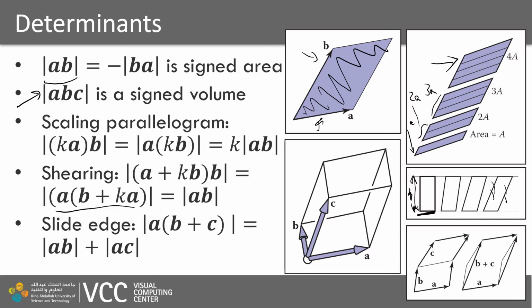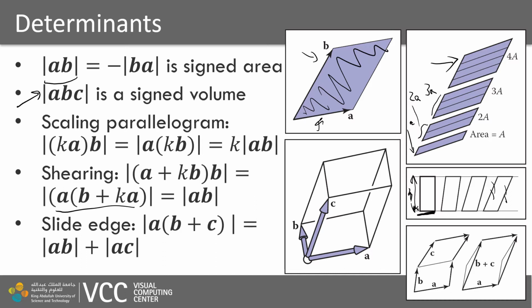Further, a distributive law is true: the determinant of A and a vector which comes as a result of vectors B and C is equal to the sum of the determinants of AB and AC.